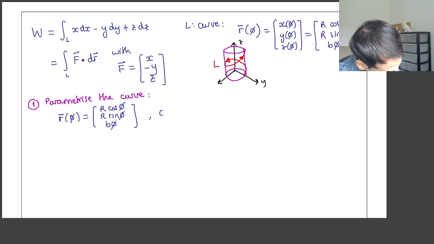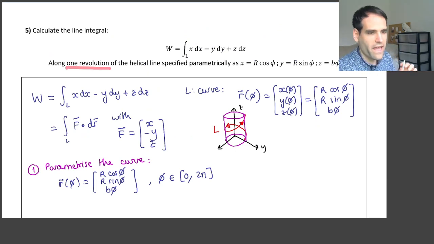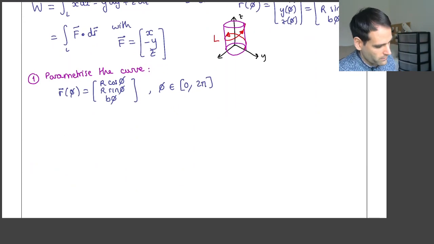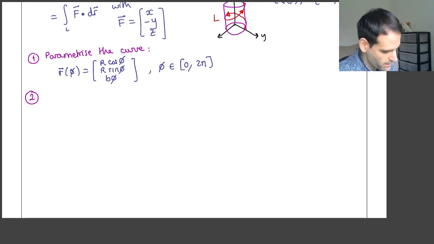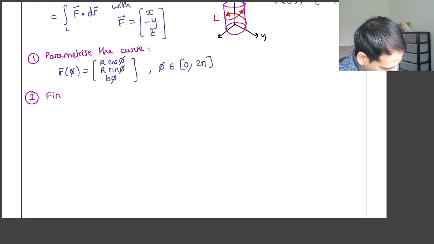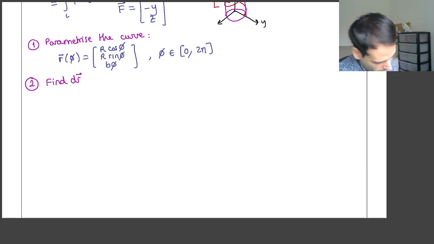And we know that the parameter runs between 0 and 2 pi because the question asks for one revolution of the helical line. Okay, so only one revolution. Great. Second, we have to calculate dr, the vector differential displacement.